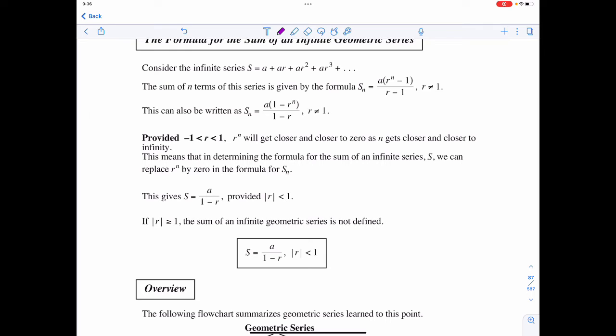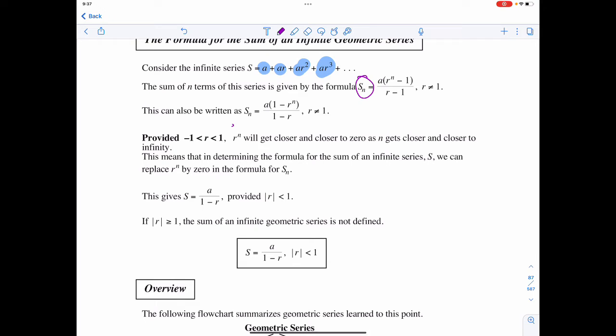Now, how can we solve this? Well, if I said that the sum is the first term plus the first term times the common ratio, and then the first term times the common ratio squared, and then common ratio cubed, and so on, then we have our sum is going to be my first term times the common ratio to the power of n minus 1 over my common ratio minus 1.